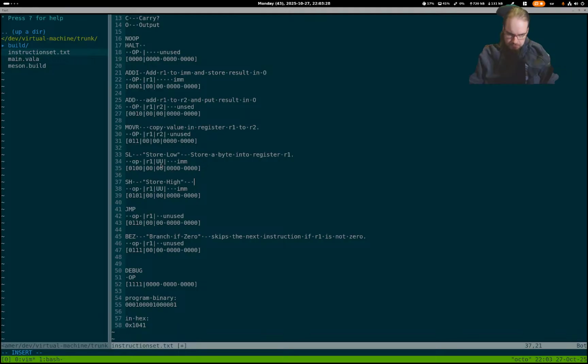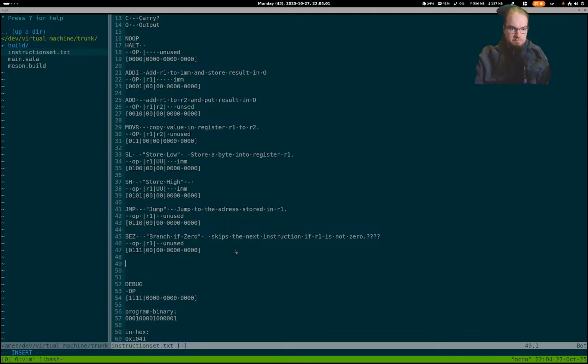You should skip if it's 0, right? Mm. Jump. Stored in R1.